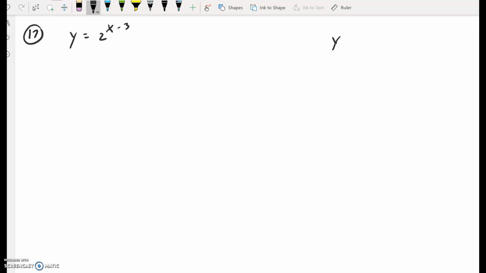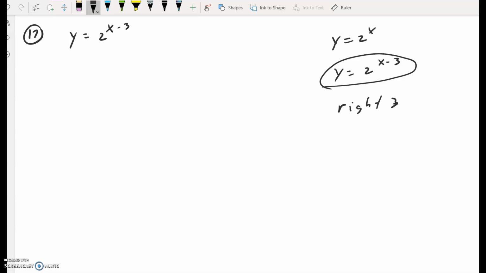Desmos is kind of interesting to play with. Again, if you know what the graph of this function looks like, then the graph of this function will move this graph, instead of up 1 like on the very last problem we did, it's going to move it right 3. Now how do we know it's going to move it right 3? Well, I'm telling you it's going to move it right 3. But also 3 is the x value that makes this exponent 0.